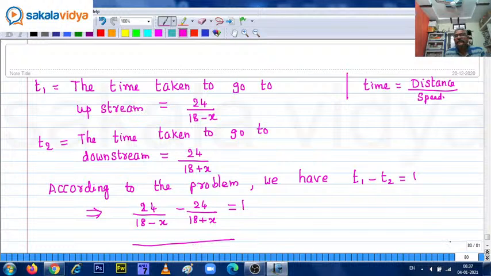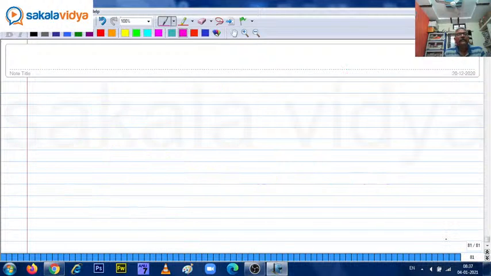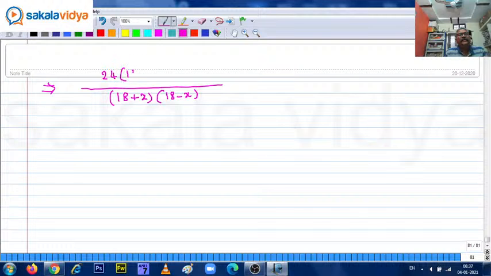Okay, go to the next page. So now we get the LCM, which is 18 plus x multiplied by 18 minus x. So this will be 24 times 18 plus x, minus 24 times 18 minus x, equals 1.